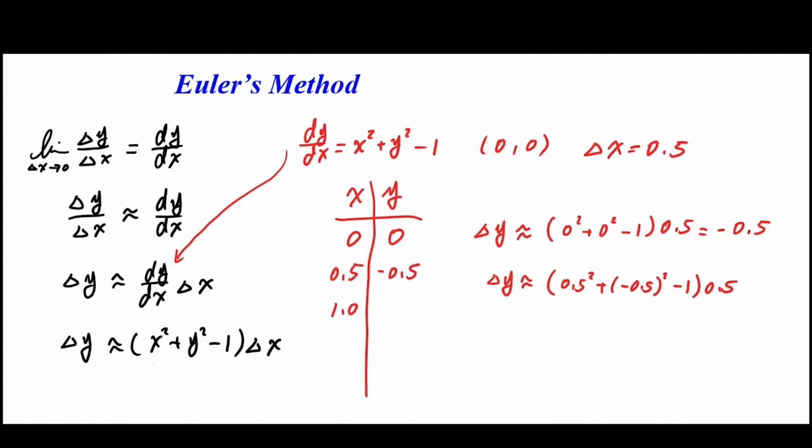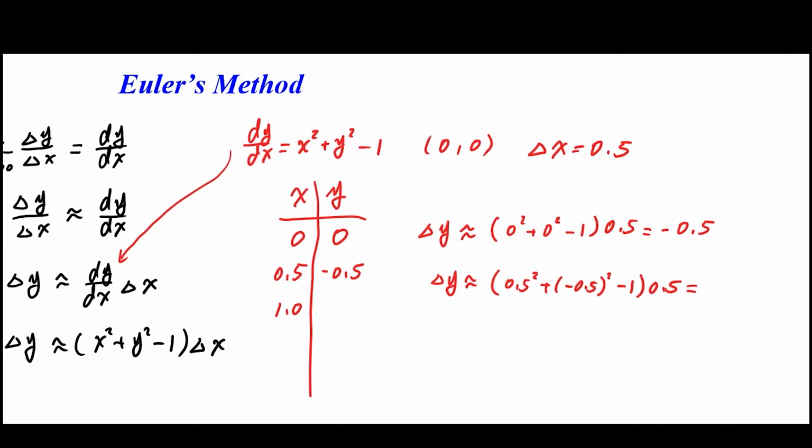And that gives you negative 0.25. Now we add that to the y value because that's the increment of y, so we have negative 0.75.